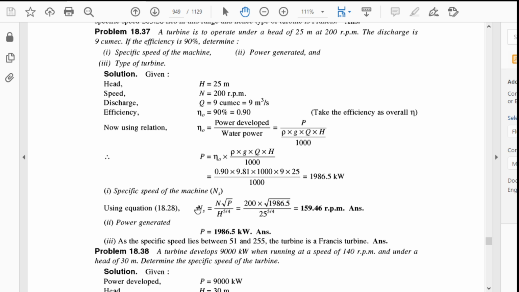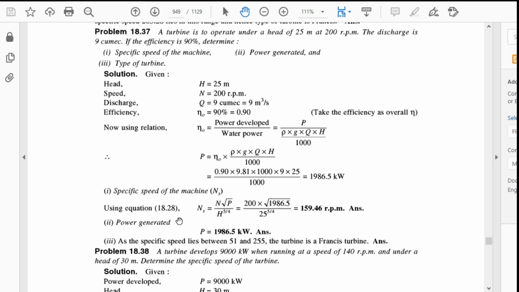By using this power we can find the specific speed using the relation for Ns. Ns is N root P divided by H raised to 5 by 4. Substitute all the values here, and you will get the specific speed Ns equals 159.46 rpm.